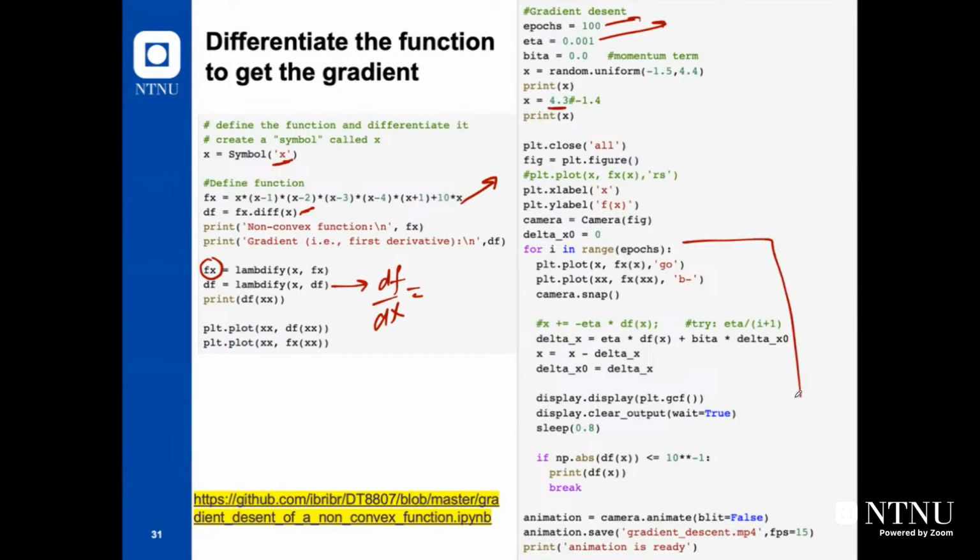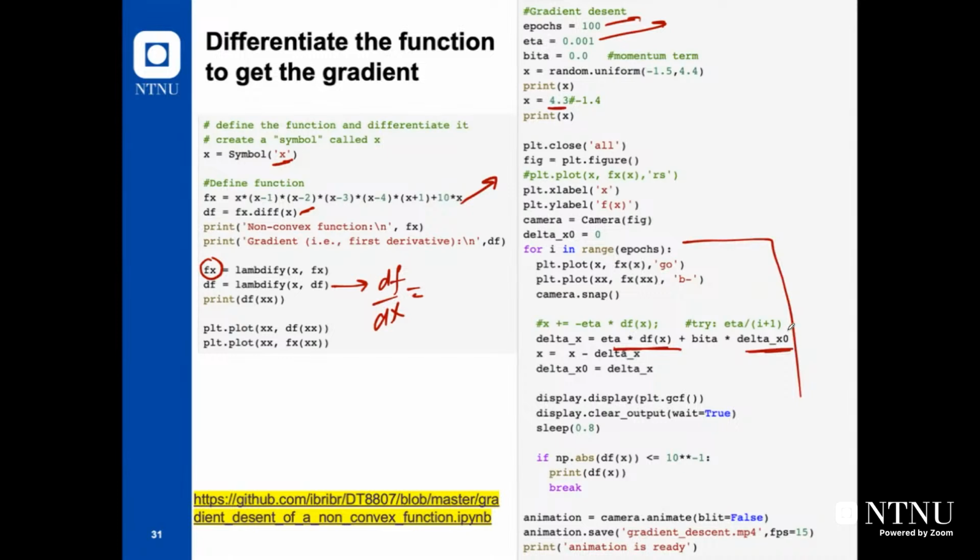As you can see here, we try to calculate delta x, which will be eta multiplied by the first derivative, right? Plus beta multiplied by the last delta x.